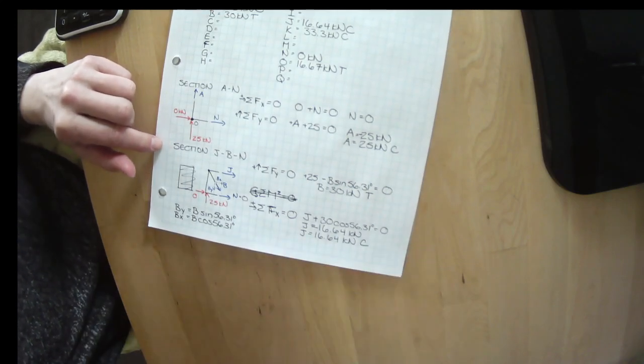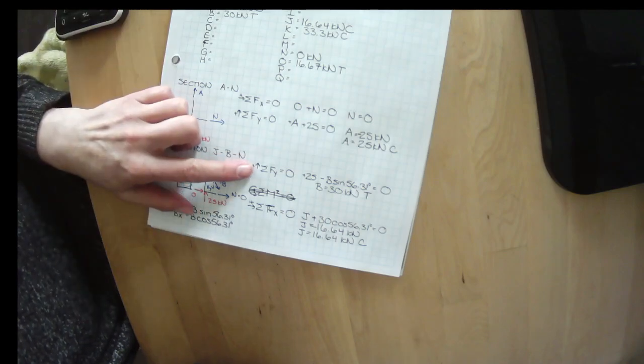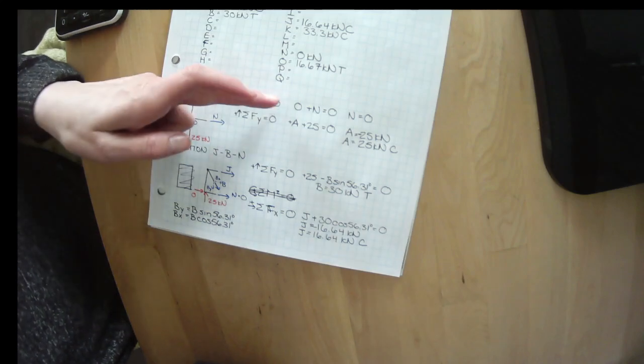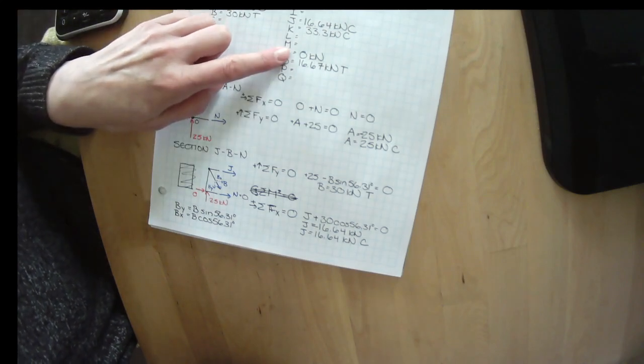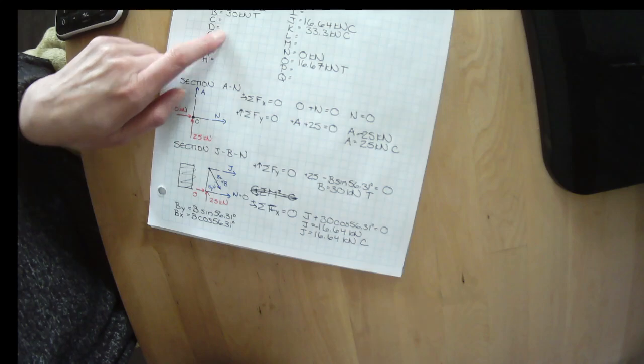So we had already solved for 3. B and J. 1, 2, 3, 4, 5, 6. What am I missing? A and N. We had already solved for K, D.